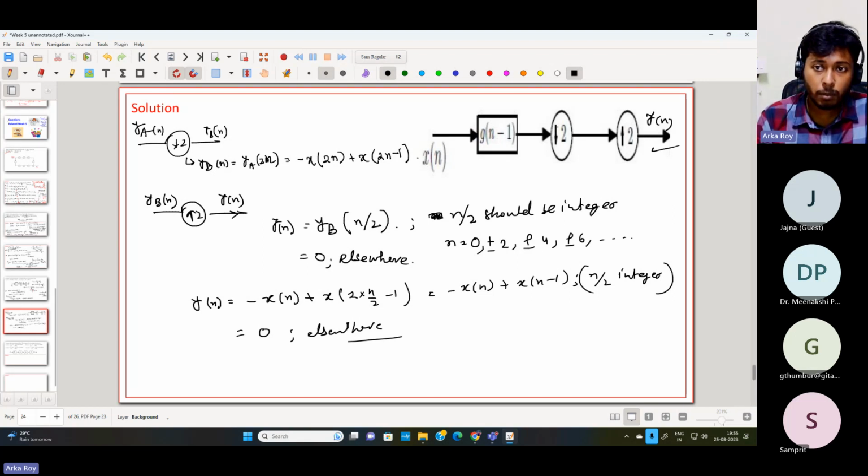It is not just that many people think that, okay, I am giving a signal y1 over here, and this decimation, this downsampling and upsampling process cancels each other and I will get the same signal. That is not necessarily true. So you are always encouraged to work out some examples.